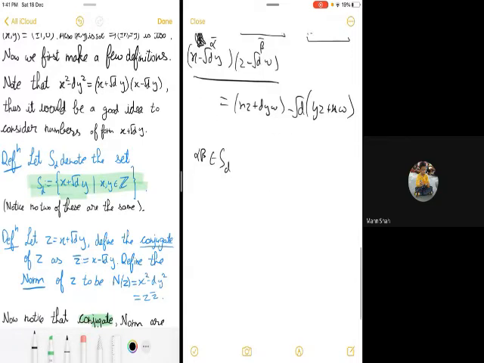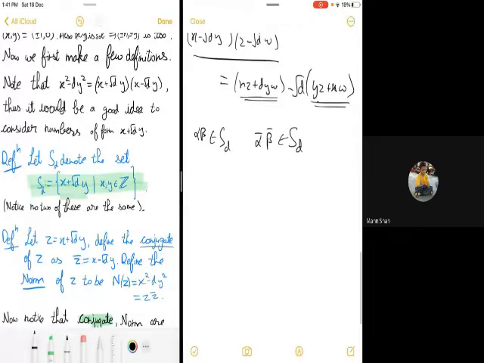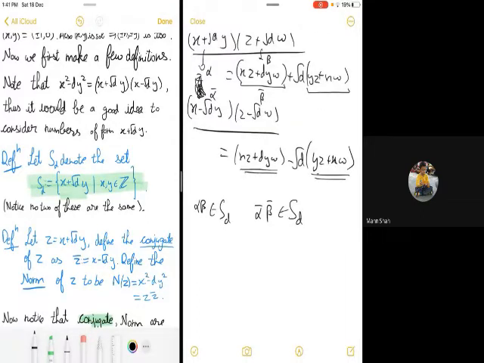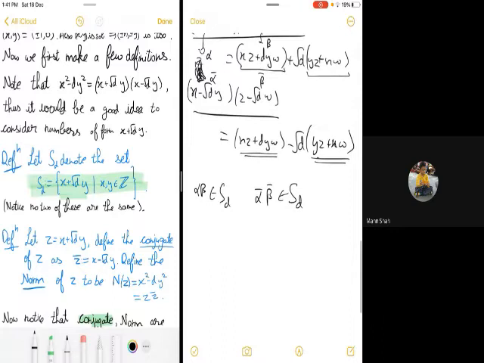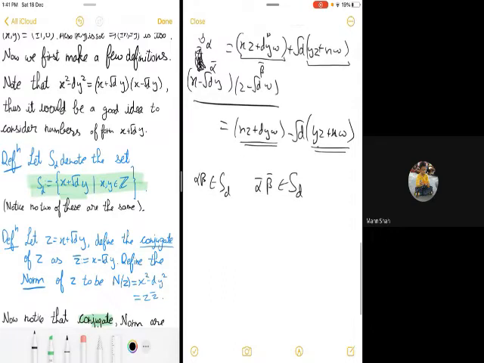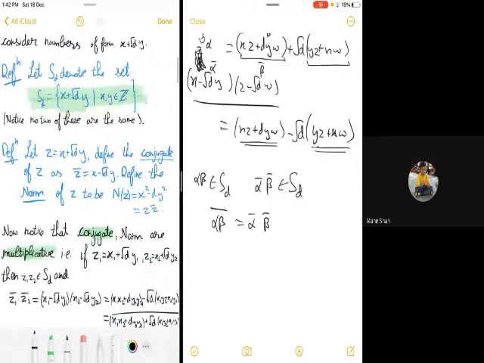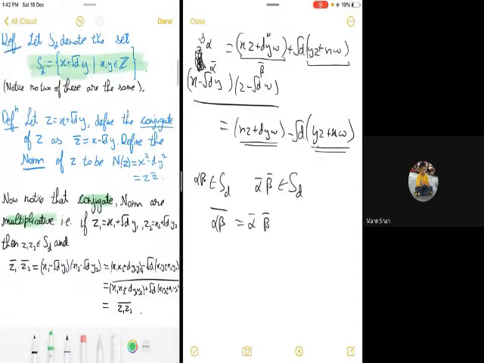Similarly, alpha bar, beta bar also belongs to S_d and has this unique particular representation. And moreover, because these representations are unique and the notion of conjugation is well defined, we have this thing. And this is a very important property. So, conjugation is multiplicative.